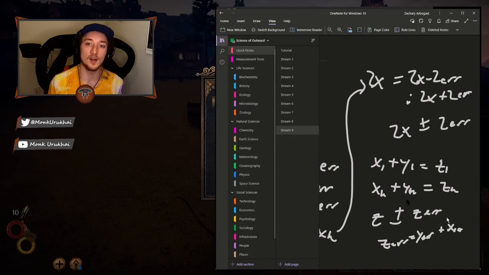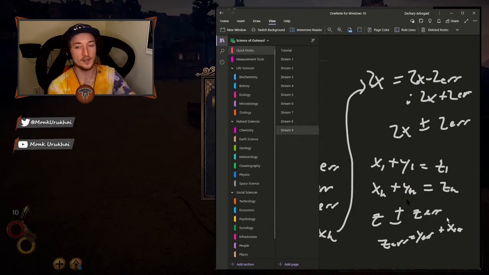We always add error. We never subtract error, right? We're never going to get more accurate measurements by adding inaccurate measurements. That's just not how science works. You can only increase your accuracy by increasing the accuracy of individual measurements. You can't increase your accuracies through mathematical equations, essentially. If you have garbage data, you're going to get garbage answers.